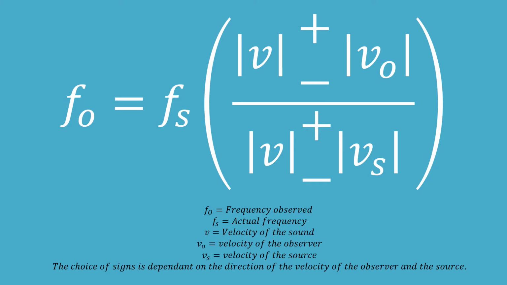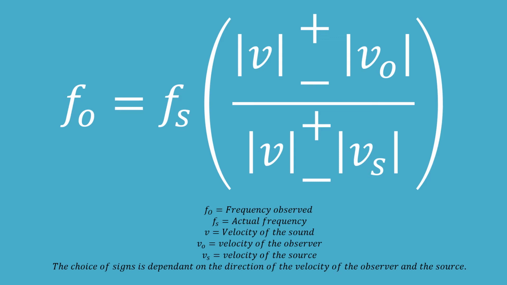To solve for how much the frequency of the wave is shifted, we have this equation, and you just plug in the values that you know to solve for it. So f sub 0 is going to be the frequency that you observe due to the shift. The f sub s is going to be the actual frequency.